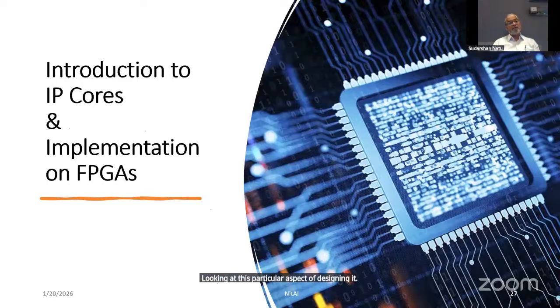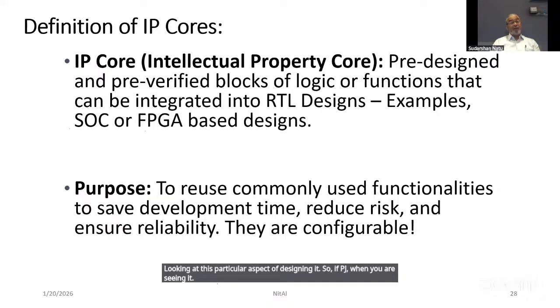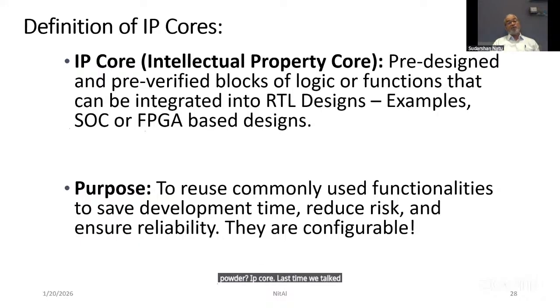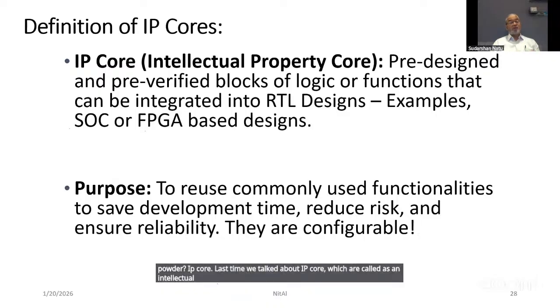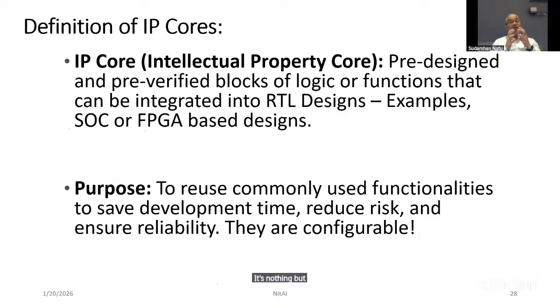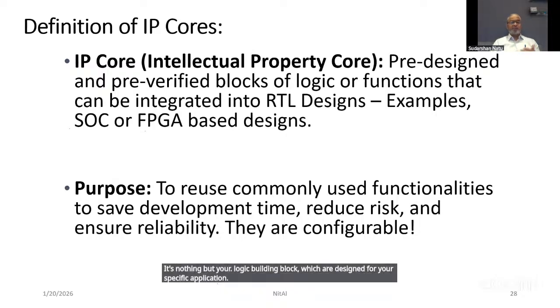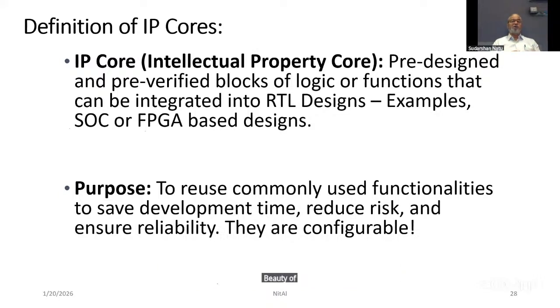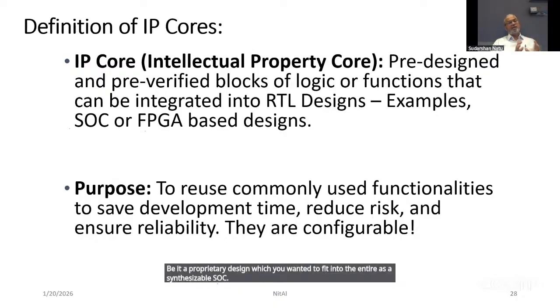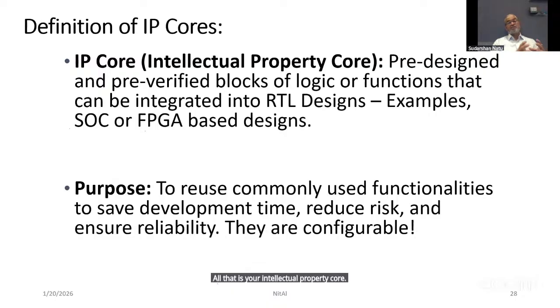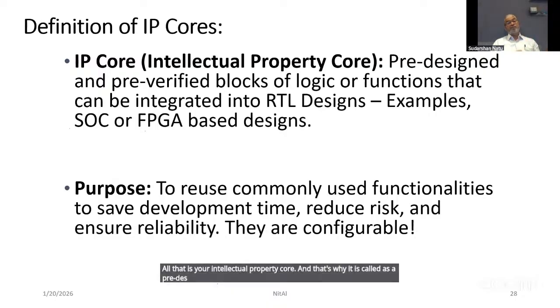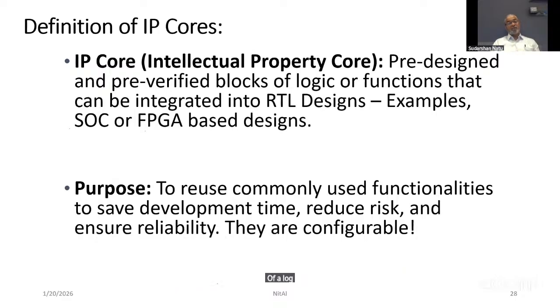Last time we talked about IP cores, which are called intellectual property cores. An IP core is nothing but a logic building block which you design for your specific application, be it a microcontroller, a USB, any peripheral device, or your proprietary design which you want to fit into the entire synthesizable SoC. All that is your intellectual property core, and that's why it is called a pre-designed, pre-verified block of logic or function block that can be integrated into RTL designs.